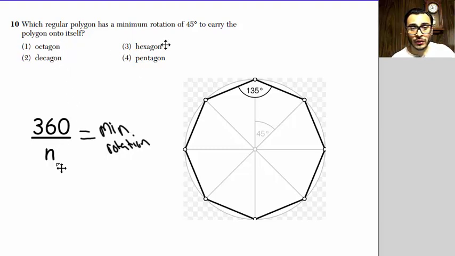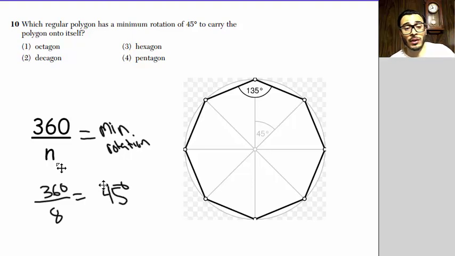If we apply this formula to each of the choices, n, by the way, stands for the number of sides, we're looking for the one that renders 45. So let's start with choice 1. An octagon has 8 sides, so we're going to do 360 divided by 8. And 360 divided by 8 actually is 45 degrees, so choice 1 is the answer.